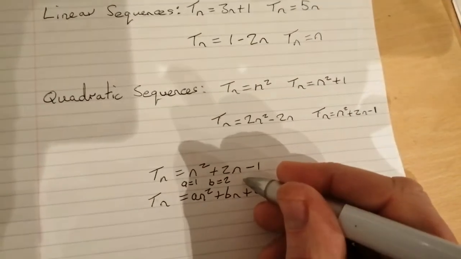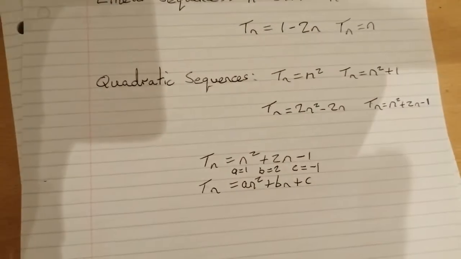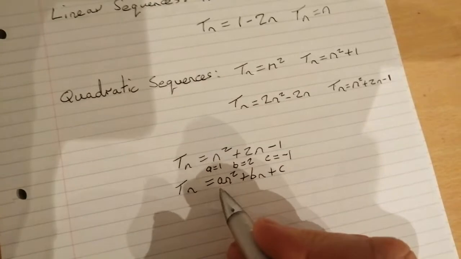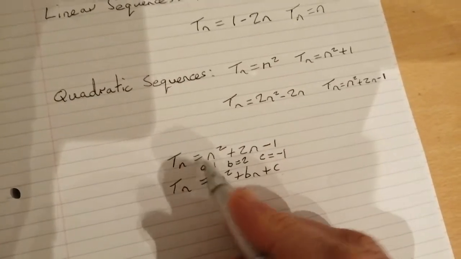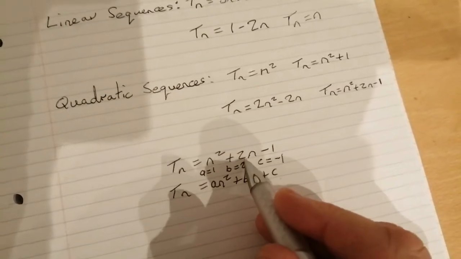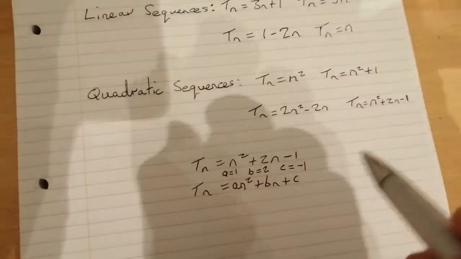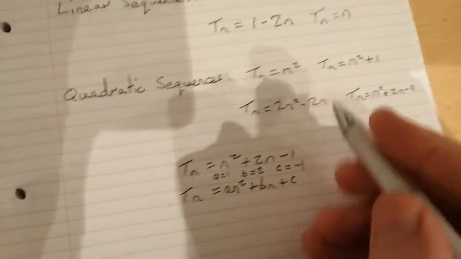And the c part is equal to minus 1. Now, this is easily recognizable as being in this form where a, b, and c are some number that goes in front as a coefficient for the first two parts and as a constant for the third part. But let's look at ones that aren't as obvious, like for instance this one.